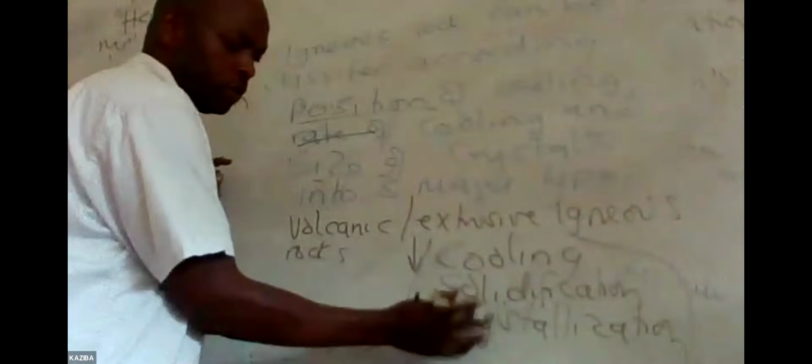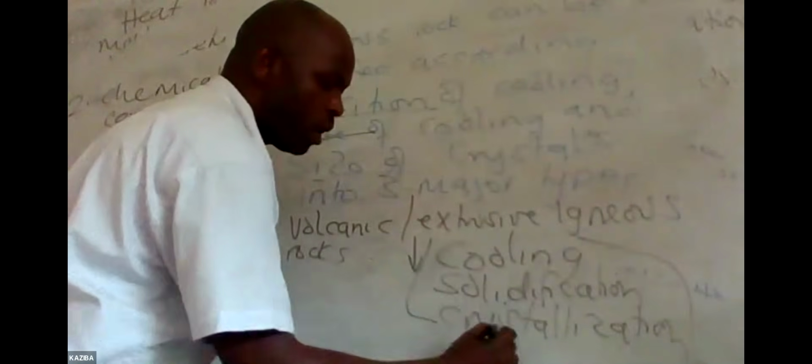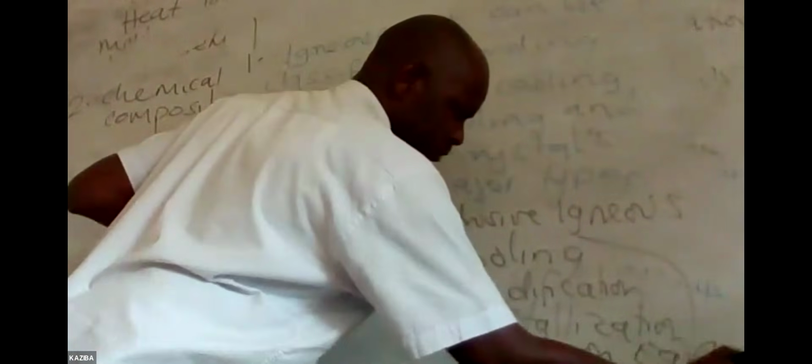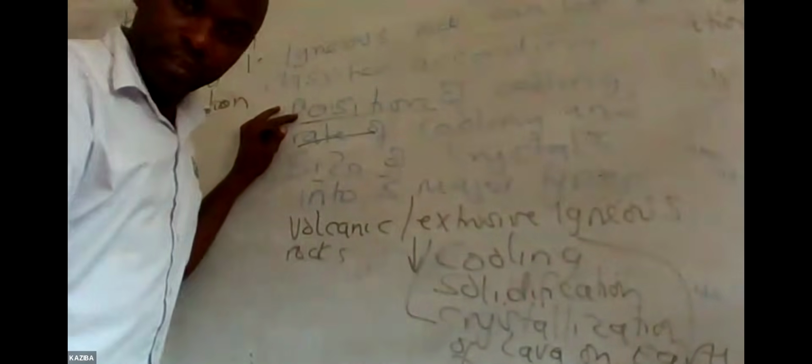They are formed as a result of cooling, solidification, and crystallization of lava on the Earth's surface. So the position of cooling is Earth's surface.